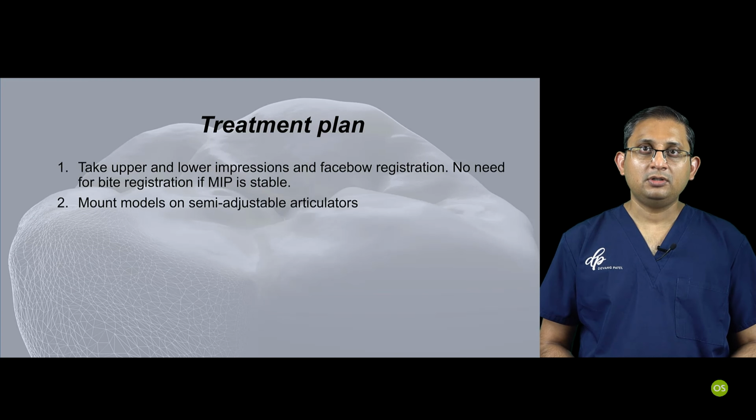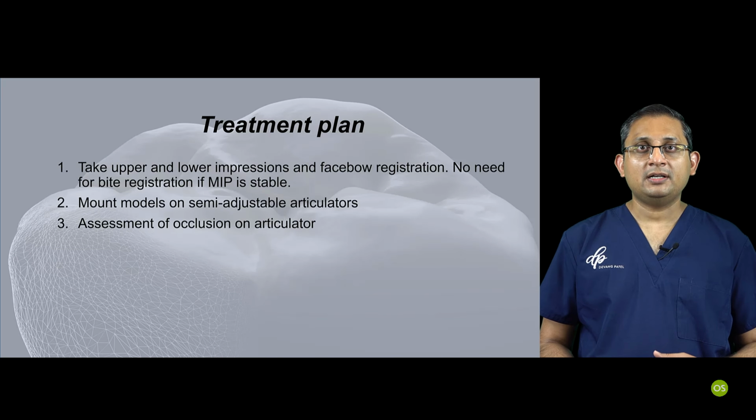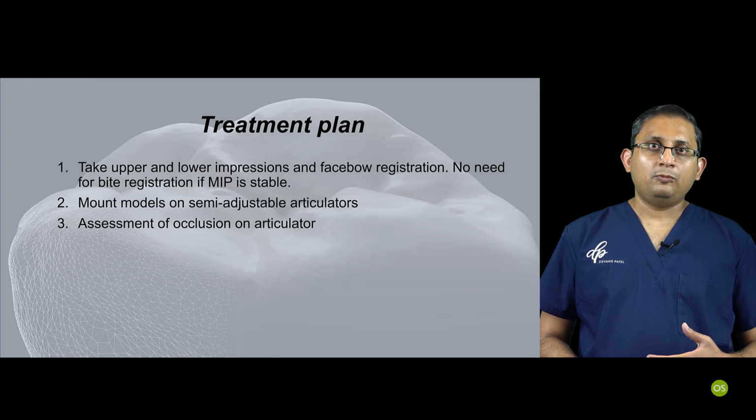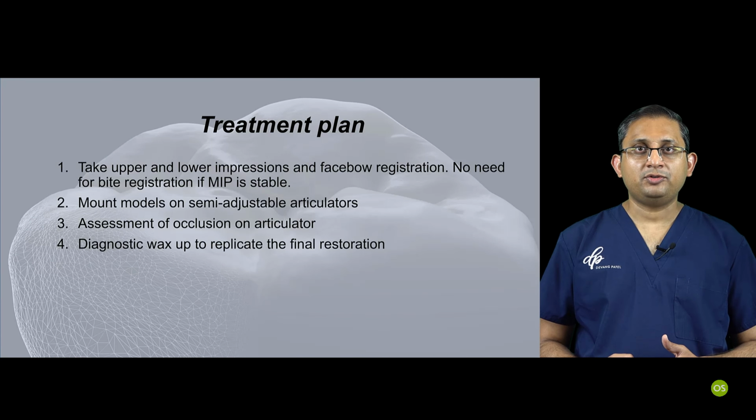Once you mount the model on a semi-adjustable articulator, you assess the occlusion on the articulator and assess the guidance carefully. Once you assess the guidance, you would do a diagnostic wax up and replicate the final restoration.